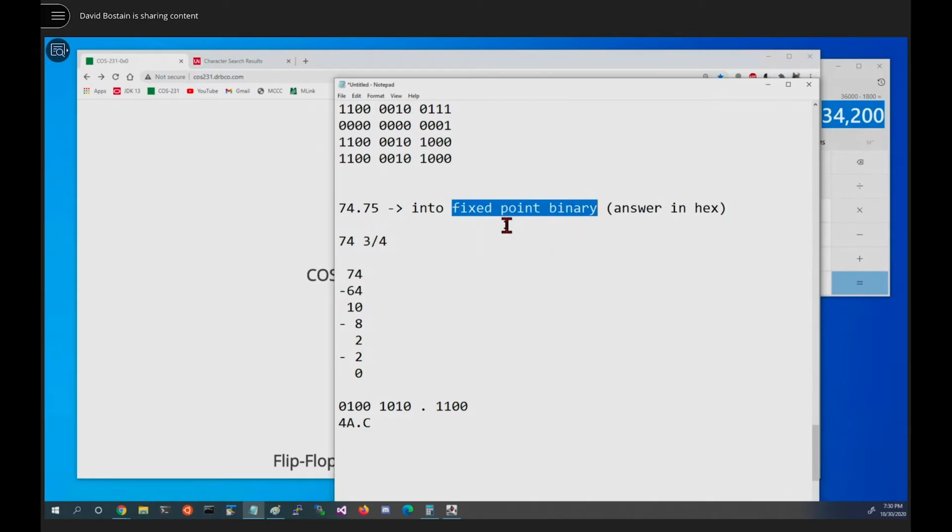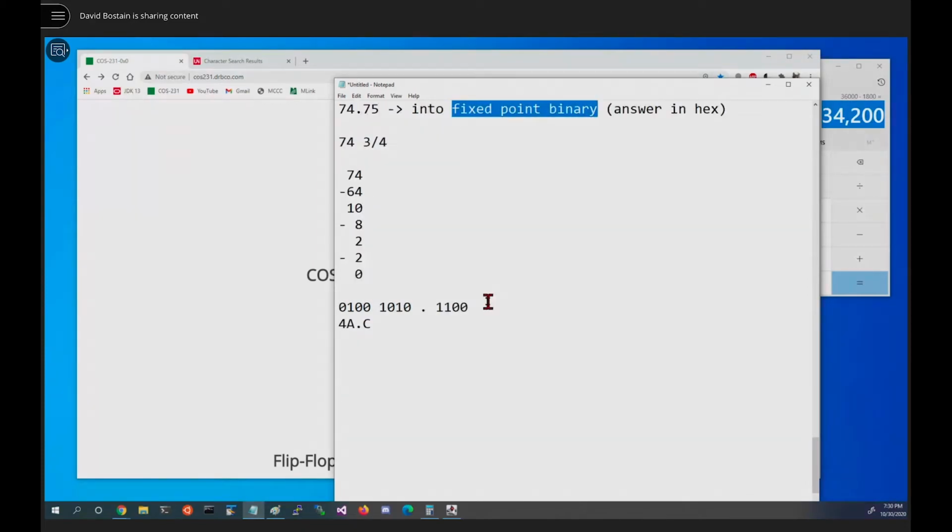Okay, let's now take the same number and convert it to IEEE 754 single precision floating point. That was fixed point, we need floating point.